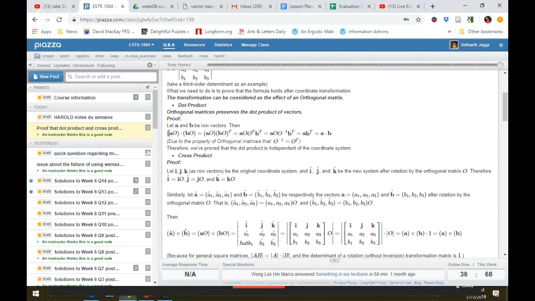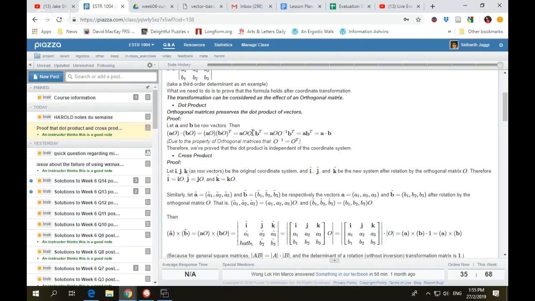Okay, so A and B are row vectors. After coordinate transformation by the transformation matrix O, you end up with AO and BO. So therefore, AO dot BO is just the inner product, the product of the vector AO with the transpose of the vector BO.